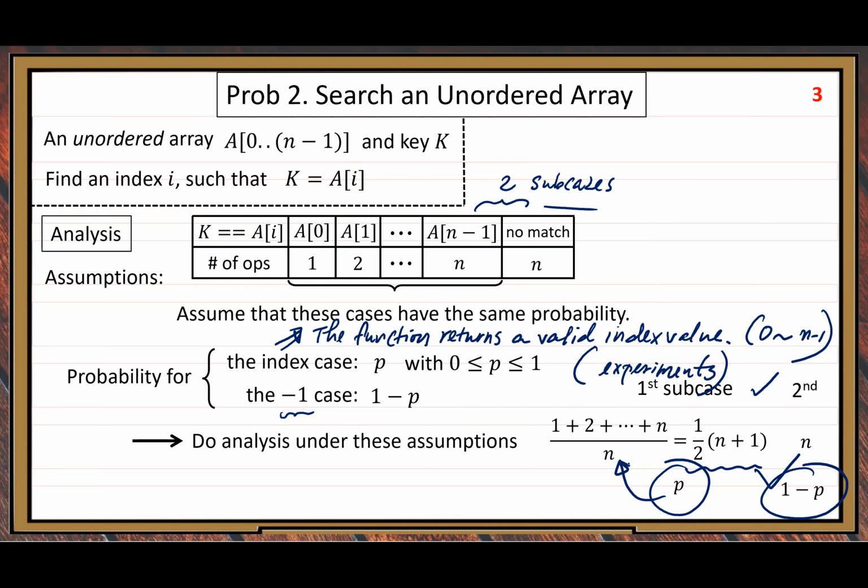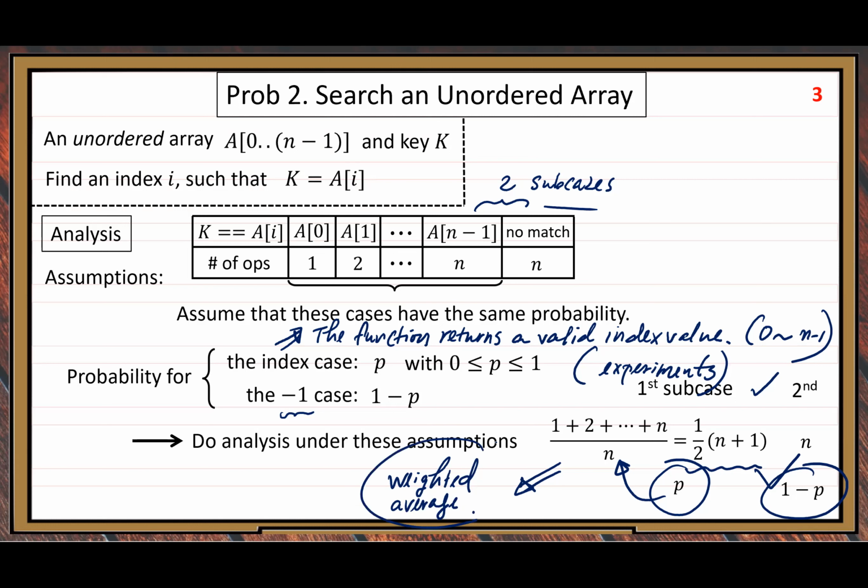That observation tells us we should do a weighted average. What's the appropriate average? The appropriate means we should do a weighted average.